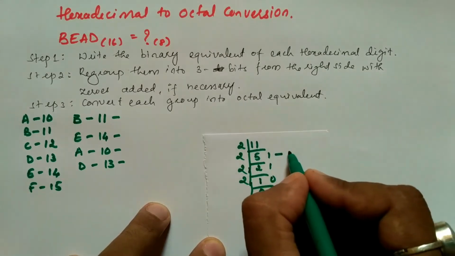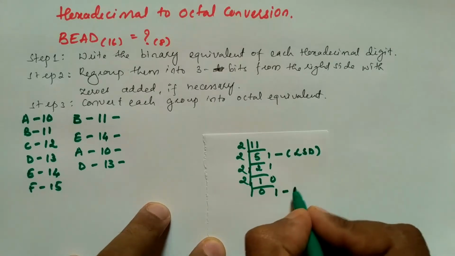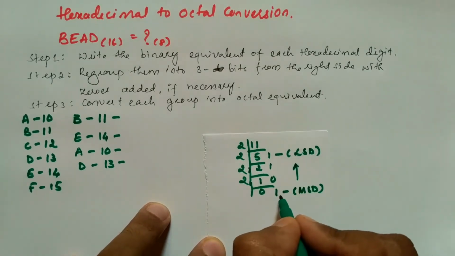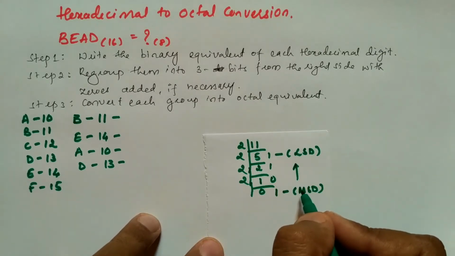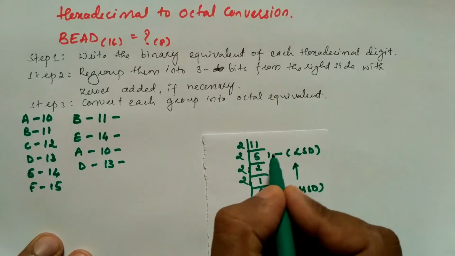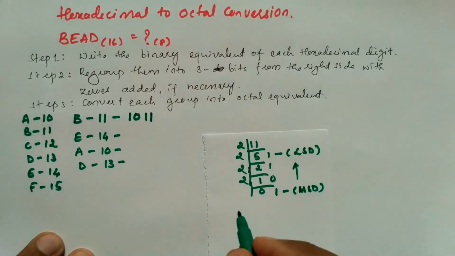Here the first remainder is the least significant digit and the last remainder is the most significant digit, and we write the number from most significant digit to least significant digit. So B represents 1011. Here I am going to write 1011.